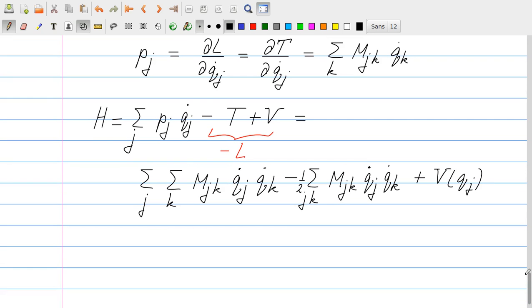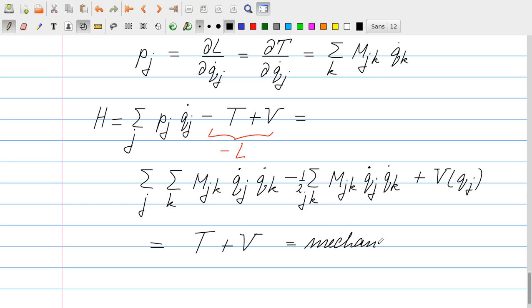And now we see that the first two terms are equal up to this factor of half and the minus sign, so I'm left with only a half times M_jk q dot j q dot k, and that is precisely T plus V, and we recognize this as the mechanical energy.